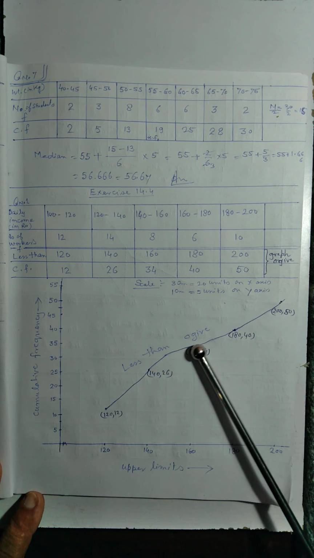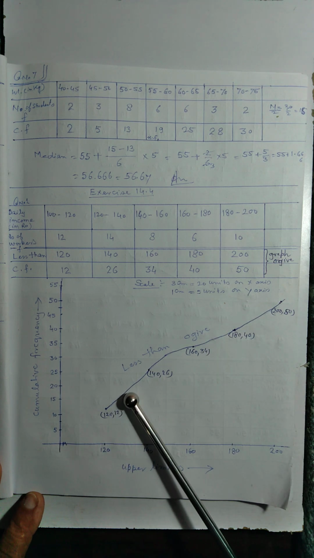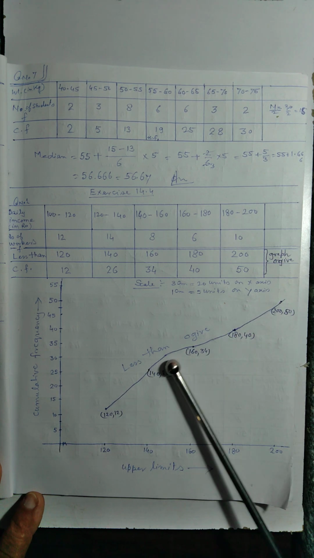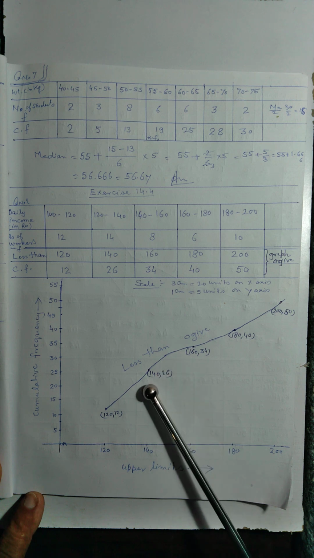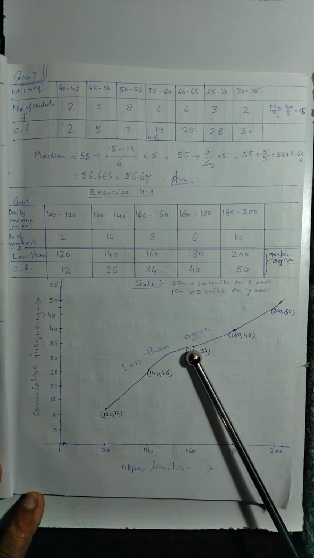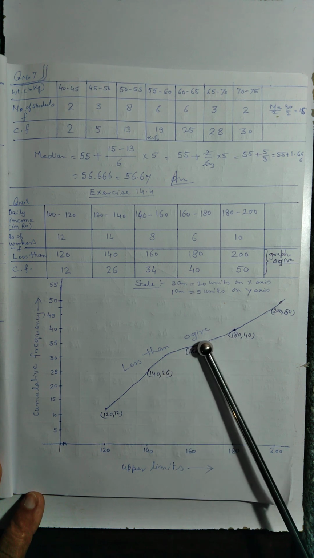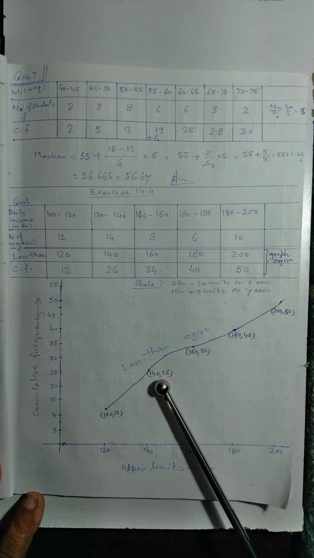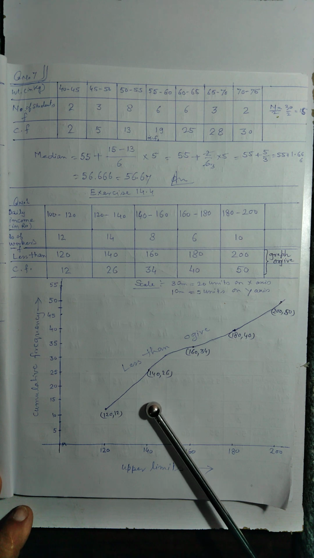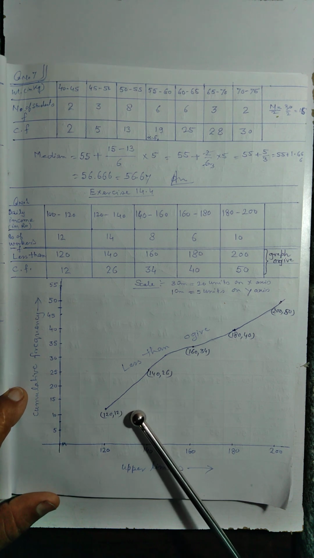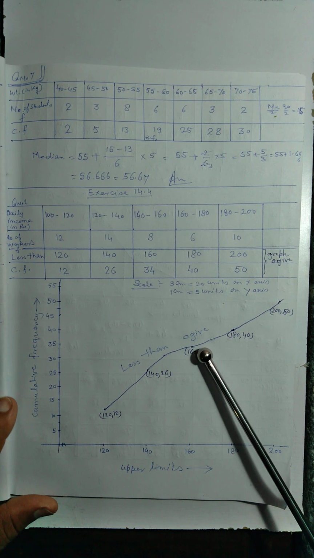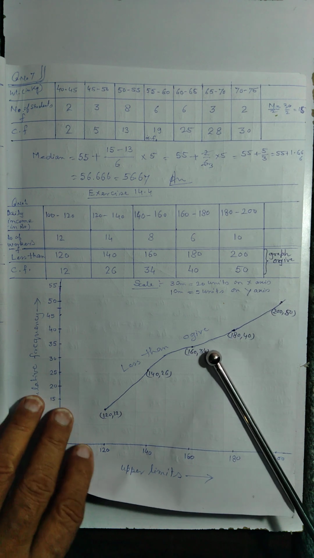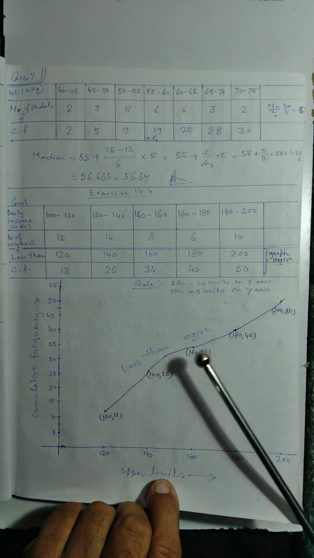So we got this curve, which is known as the less than type curve, and the cumulative curve is always known as ogive. Less than ogive is a graph prepared with the help of cumulative frequency. Now question number 1 is complete.